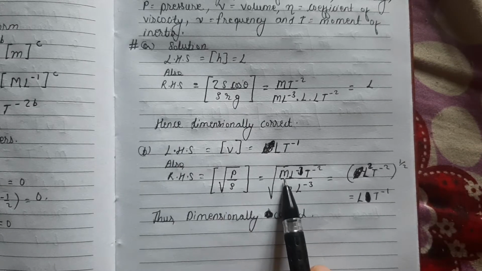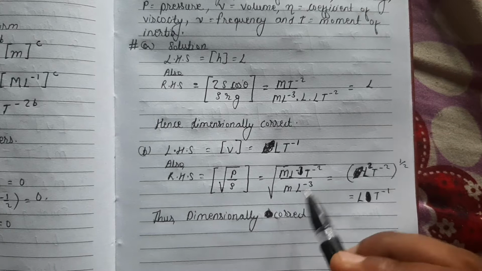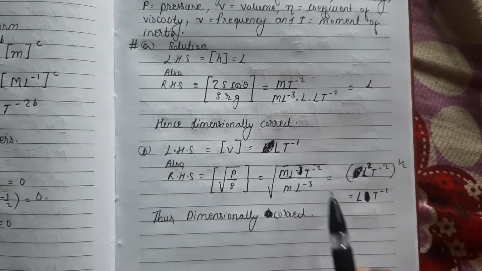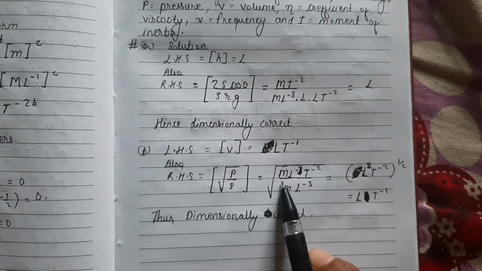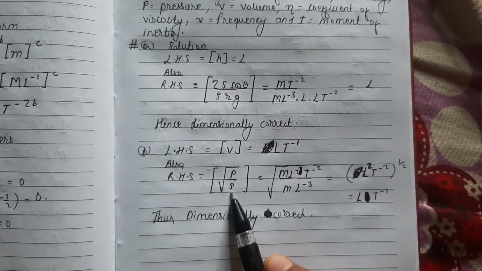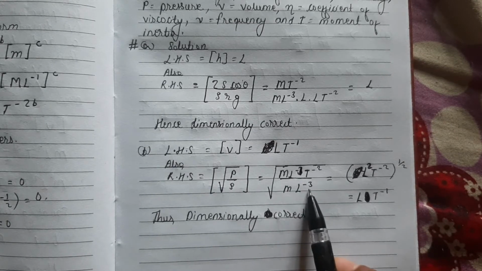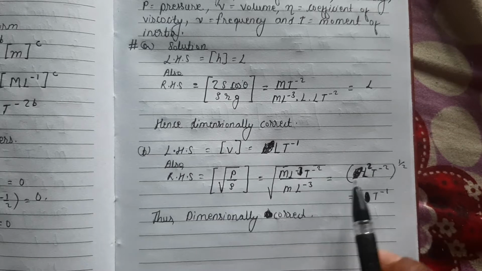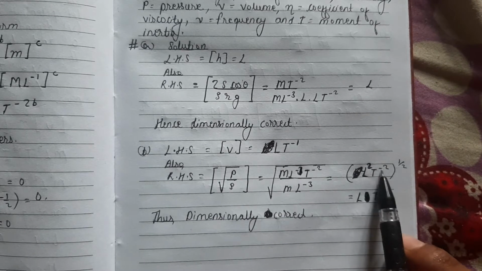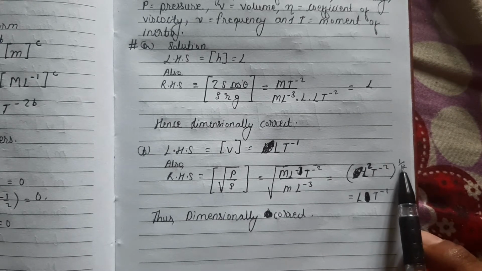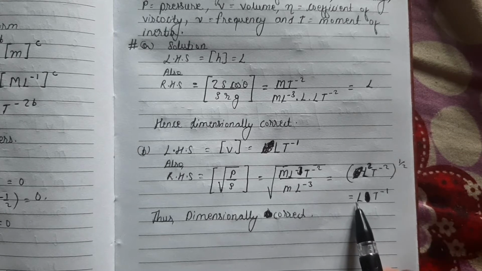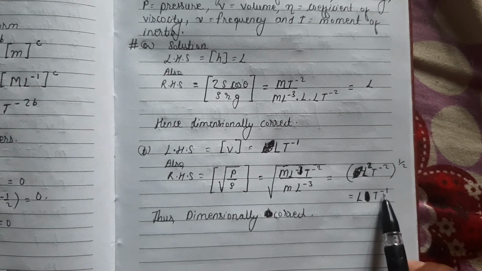The dimension of pressure is M L to the power minus 1 T to the power minus 2, divided by the density, which has the dimension M L to the power minus 3. On simplifying we will get L squared T to the power minus 2, to the power 1 by 2, hence it has the dimension L T to the power minus 1.